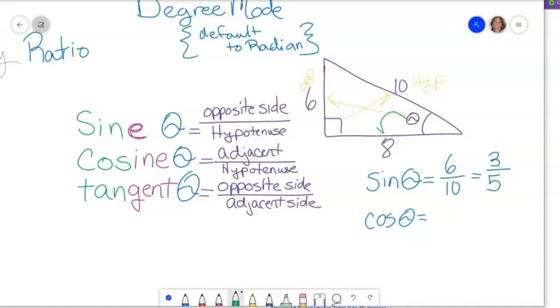We have to recognize that this is my adjacent side, the one closest to it. So adjacent side is going to be 8 over the hypotenuse, which is 10. Again, we can reduce it. So 4/5, right? And then our tangent is going to be the opposite over adjacent. And again, it can be reduced to 3/4.